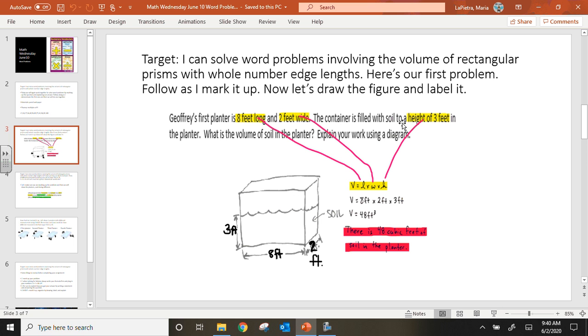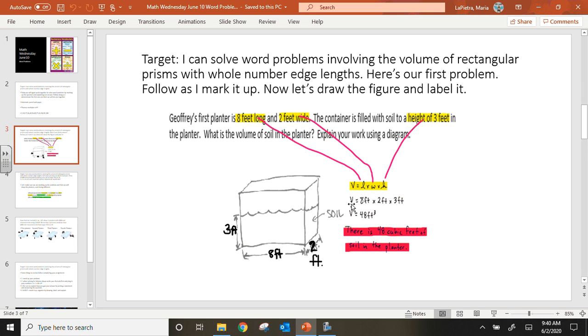Okay, I marked up my problem by marking up 8 feet long, 2 feet wide, the height of 3 feet. When they say height, that's the H in your L times W times H. So here I have my formula, which is always a great idea to write first so that you can plug in the numbers that they're giving you.